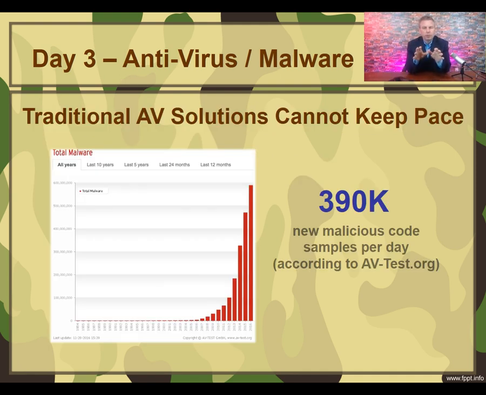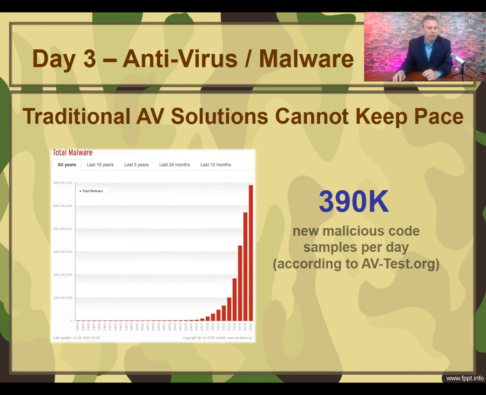Basically, traditional antivirus solutions rely on a signature-based system to remove viruses, which means they have to identify a virus after it's released. Then we have to write updates for it and release that to all the computers that use that antivirus. And that just can't keep up, because if you look at this chart here, there are 390,000 new malicious codes released every day.